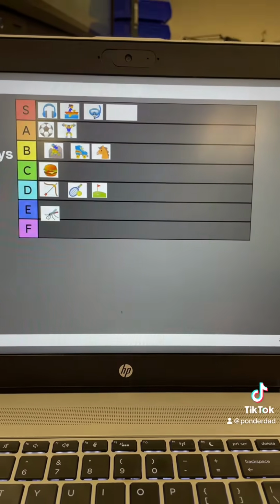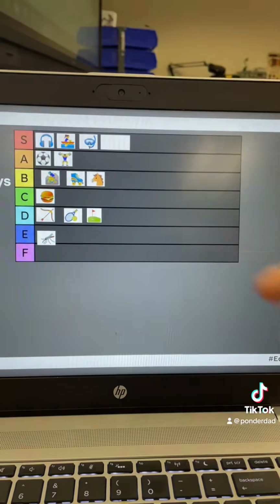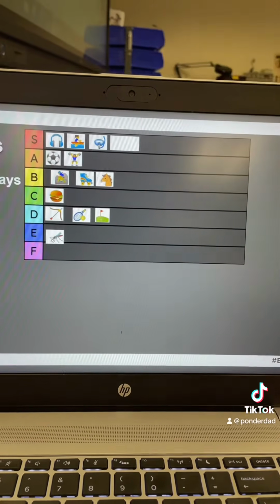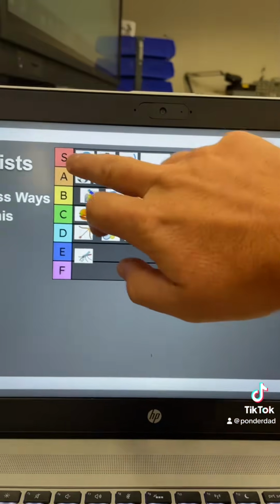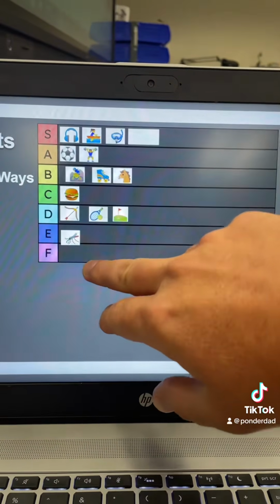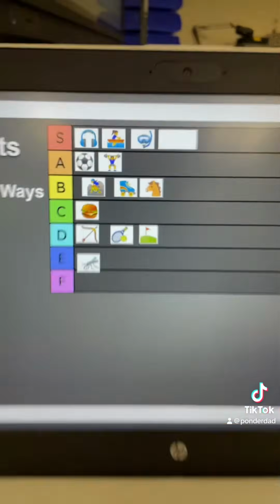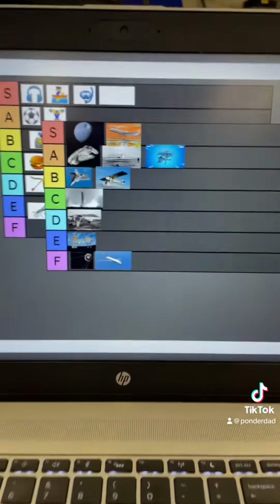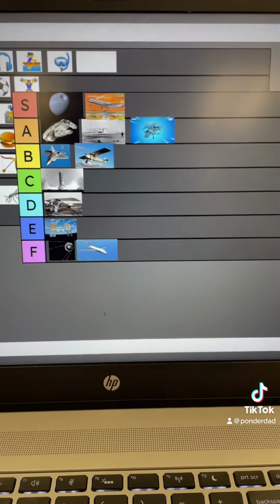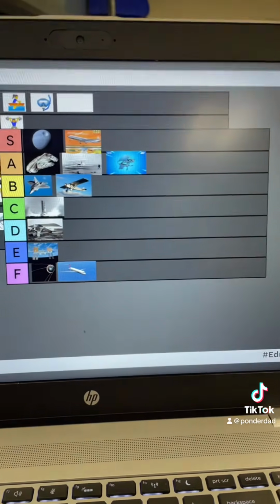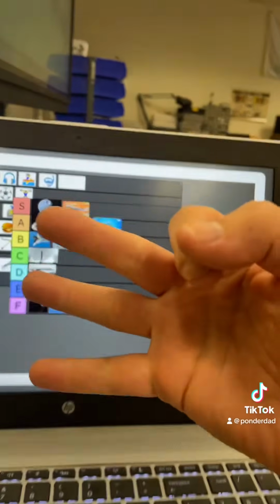So here's one way that we did tier lists. At the end of the school year, I asked students to rank what they were looking forward to this summer by using emojis. So S is the highest, F is the worst, and you can see we're not looking forward to mosquitoes. Another way I used it in class was to use a tier list to rank different aircraft. I gave them 3, so they had to start with 3.